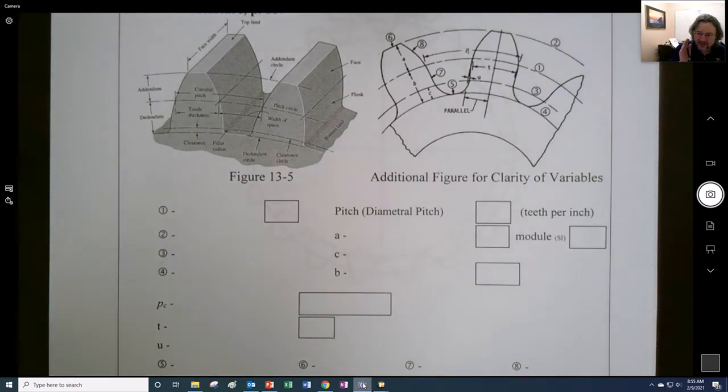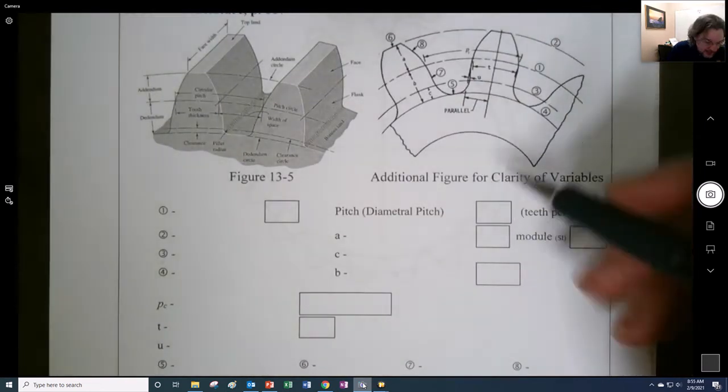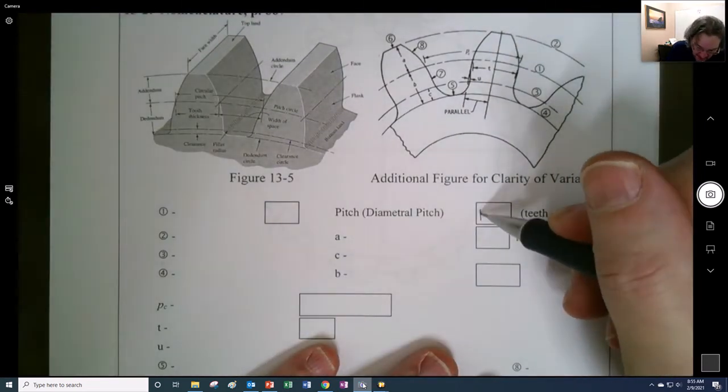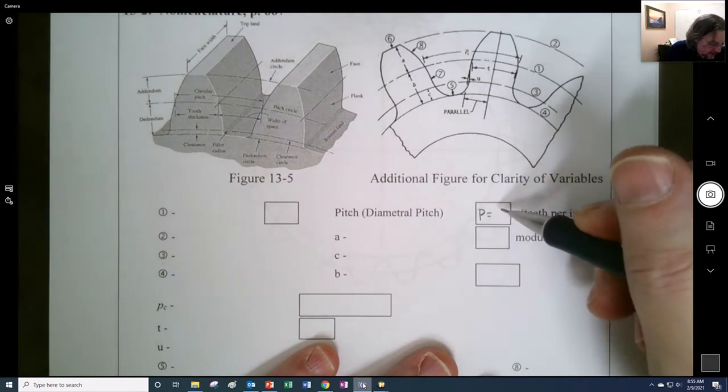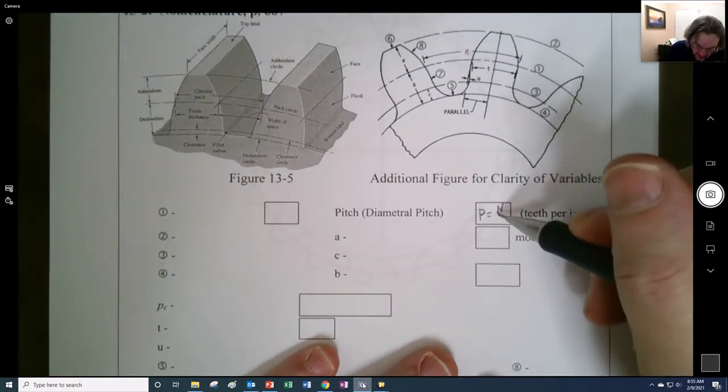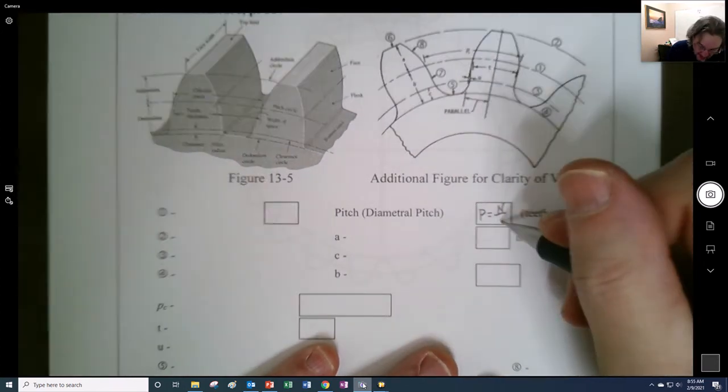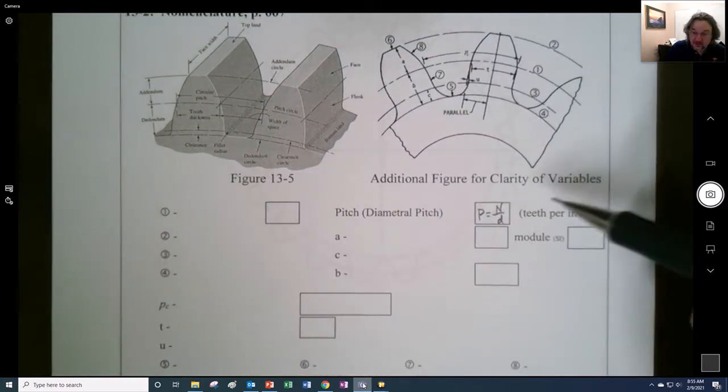Also, a lot of times it's like threads per inch is the type of idea right here. So that's what this is right here. It's capital P, and it's the number of gear teeth divided by the diameter right here.